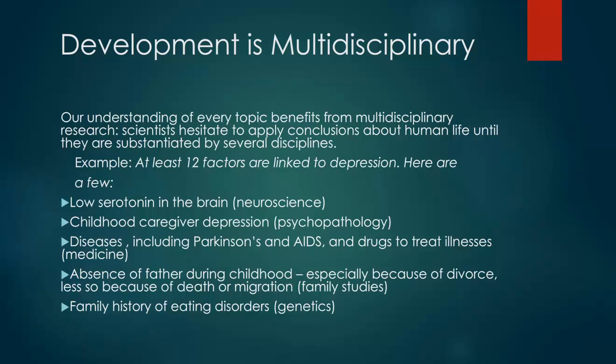Absence of the father during childhood can influence depression, especially because of divorce, less so because of death or migration, and that we learned through family studies. Family history of eating disorders, we've learned that through people who study genetics and how they influence people's behavior. So again, a multidisciplinary approach is very important to understanding human development.